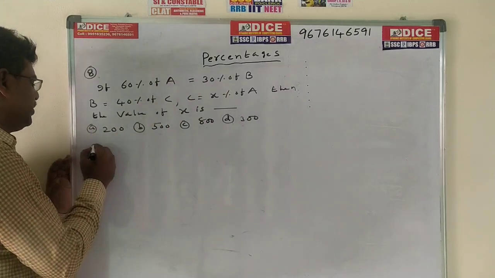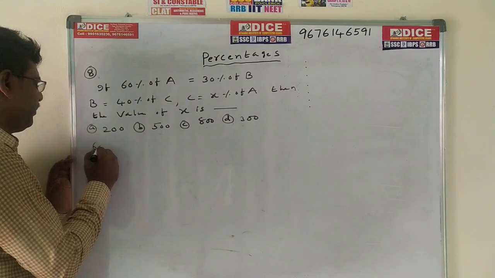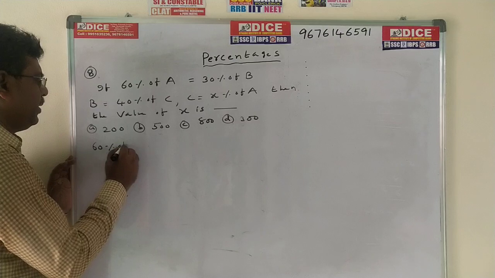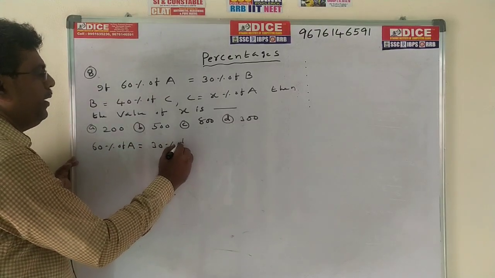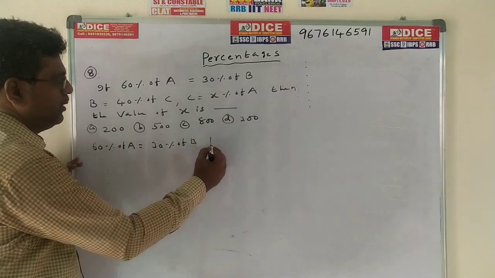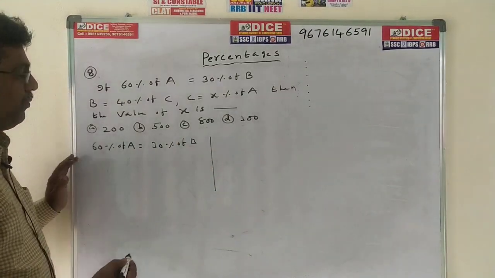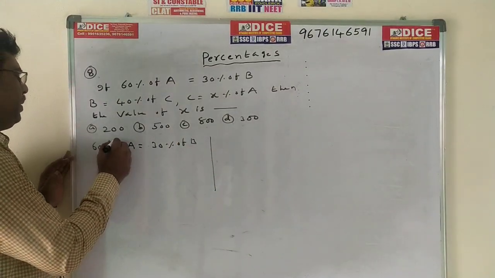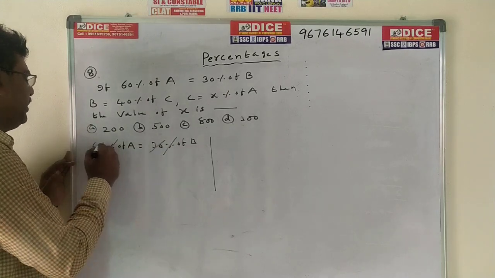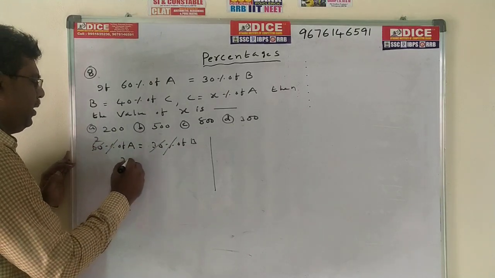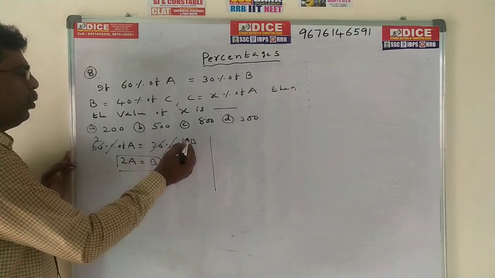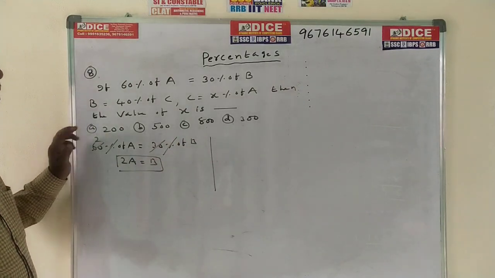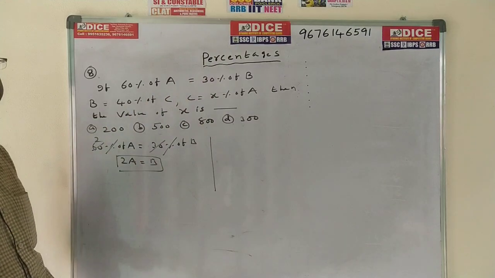He was given 60% of A is equal to 30% of B. So percent cancel, 3 ones are 3, 3 twos are 6. So 2A is equal to B. This is the condition. From the first one I have got the condition 2A is equal to B.